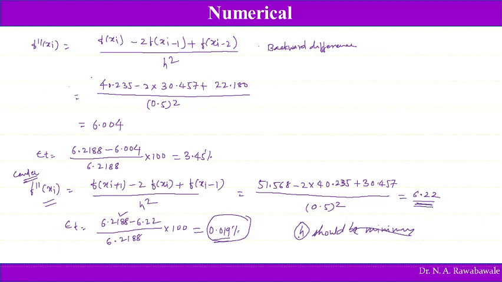With the lowest value of h and using the center difference formula, we can get more accurate results compared to all other options. So here we stop and we will discuss details in the next class.